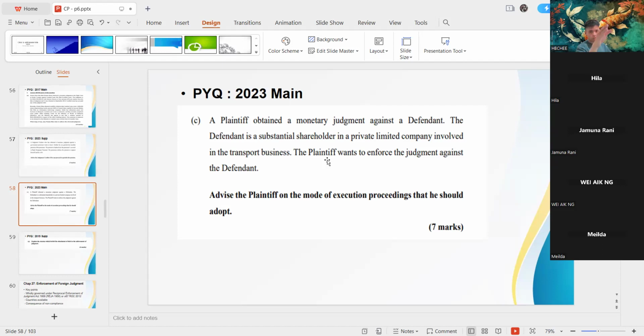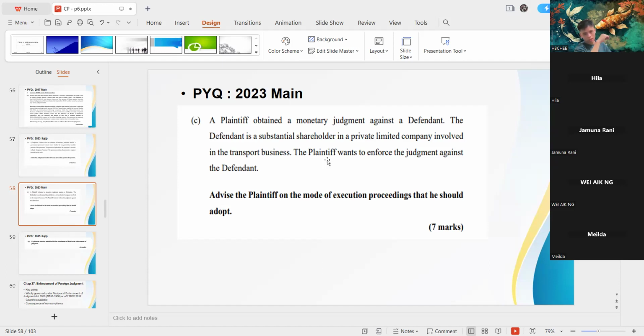The defendant is just a shareholder in the company. You are not suing the company. Separate legal entity. So if you are suing the company, yes, the company's assets can go by way of seizure and sale. But now you are just suing a shareholder, the substantial shareholder. You are not suing the company.